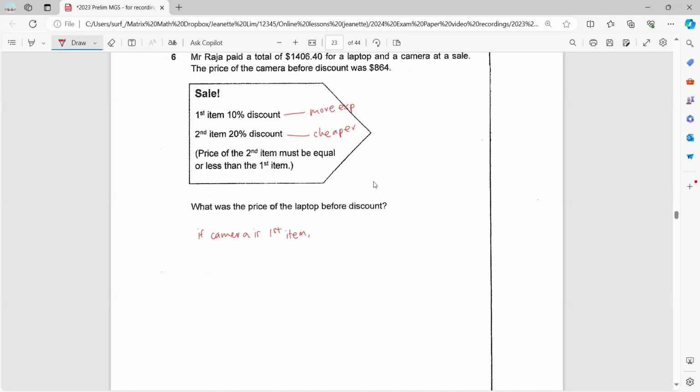You are paying 90%, so 90 out of 100 times 864 is 777.6. So this is the price after discount, and now we use this total amount and minus this off.